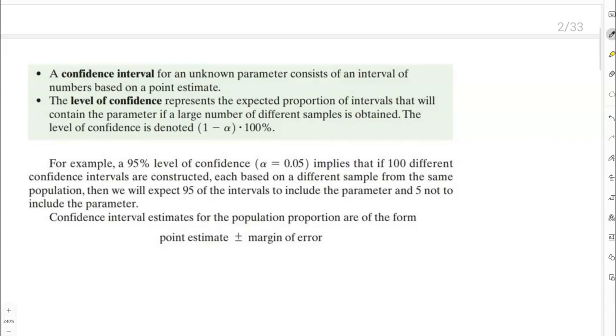So a lot of times you're not going to know what the population parameter is. If we're talking about a confidence interval for the proportion of people who are going to vote in the next election, we would be talking about all American citizens who are eligible to vote, and that's millions of people. So it's not really likely we're going to be able to get a census, collect data from everyone in that population.